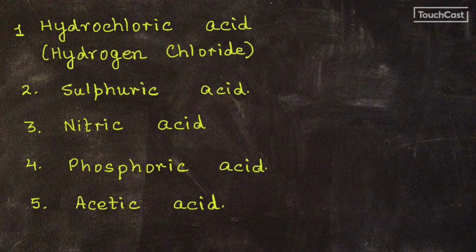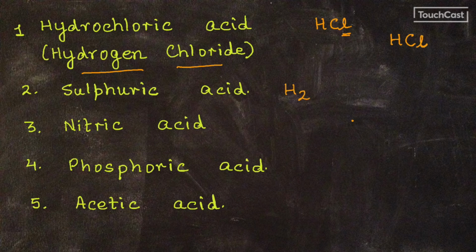Now, as I mentioned to you, there are certain compounds which are more popularly known by their common names. So when I say hydrochloric acid, HCl, it's basically hydrogen chloride solution. That means hydrogen chloride gas dissolved in water. That's why hydrochloric acid. But remember, the L has to be small. So it's a capital H, a capital C, and a small l.